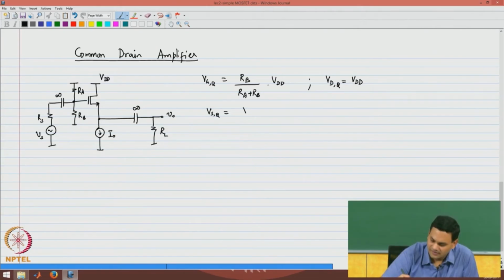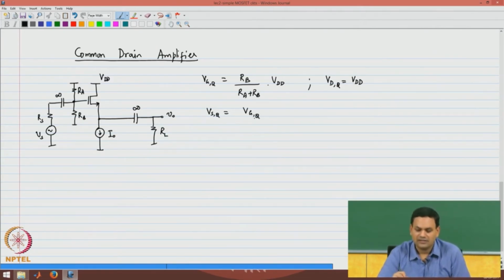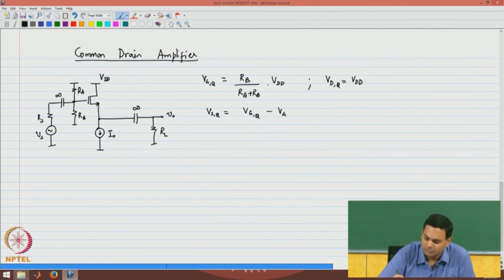is figured out by subtracting the gate source voltage from the gate quiescent voltage. So, then the next question is, what is this gate source quiescent voltage?